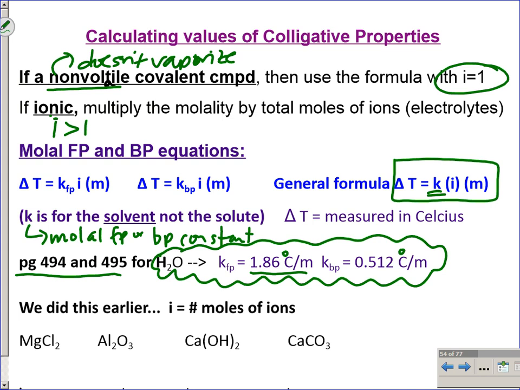That is regarding the solvent. Be very specific there. The i factor is regarding the solute. I have to look and see how many ions it dissolves into or not. So the K is for the solvent, i is for the solute. m, molality, is what? Units wise, moles of what?